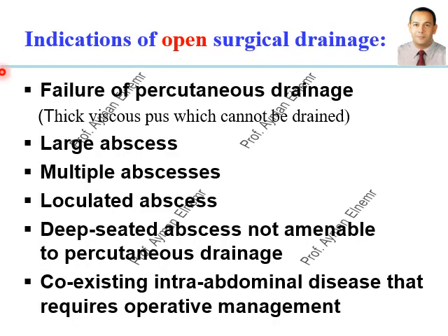The indications for open surgical drainage are failure of percutaneous drainage, as sometimes a thick viscid pus cannot be drained in case of large abscesses; in cases of multiple abscesses or loculated abscesses, because the catheter drains only one loculus; in case of deep-seated abscesses not amenable to percutaneous drainage; or importantly, if there is coexisting intra-abdominal disease that requires operative management.